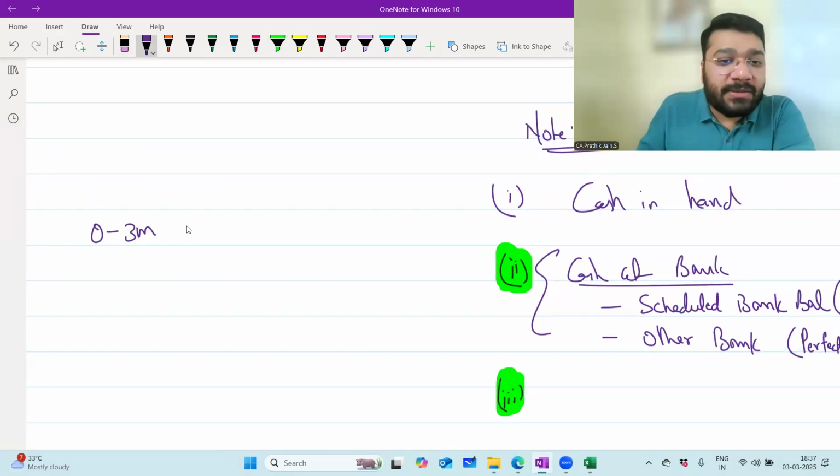Zero to 3 months: cash and cash equivalent, point number 2. Three months to 12 months: cash and cash equivalent, point number 3.